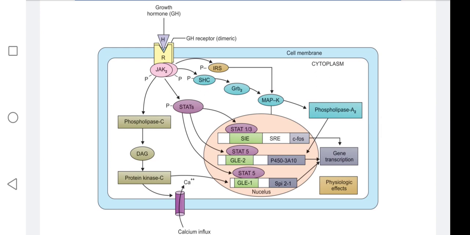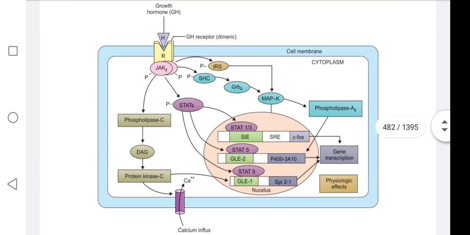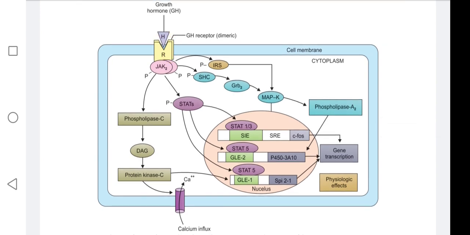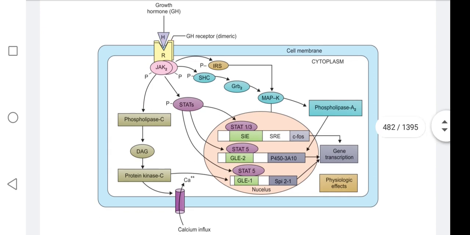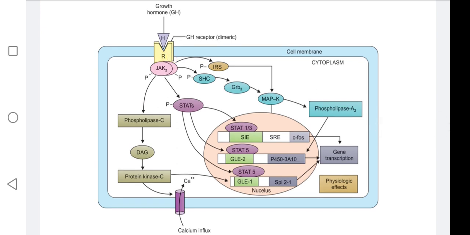When growth hormone binds to one of the subunits of the receptor, on the other subunit the binding site is attracted and comes close, and it forms the dimerization.